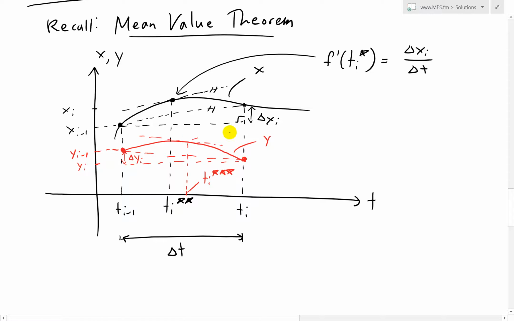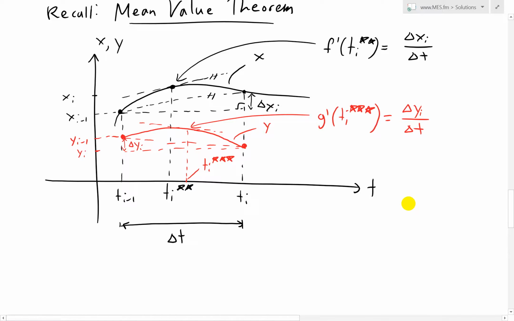So again, by the mean value theorem, we have g prime, or the derivative at this triple star, is equal to, and before I get to that, I gotta add another star there, just because I made a mistake. So I just fixed it up and fixed the color. So now we have delta yi over delta t. In this particular case this will be negative, because we're going down with a negative slope. But basically, it's the exact same thing as here.